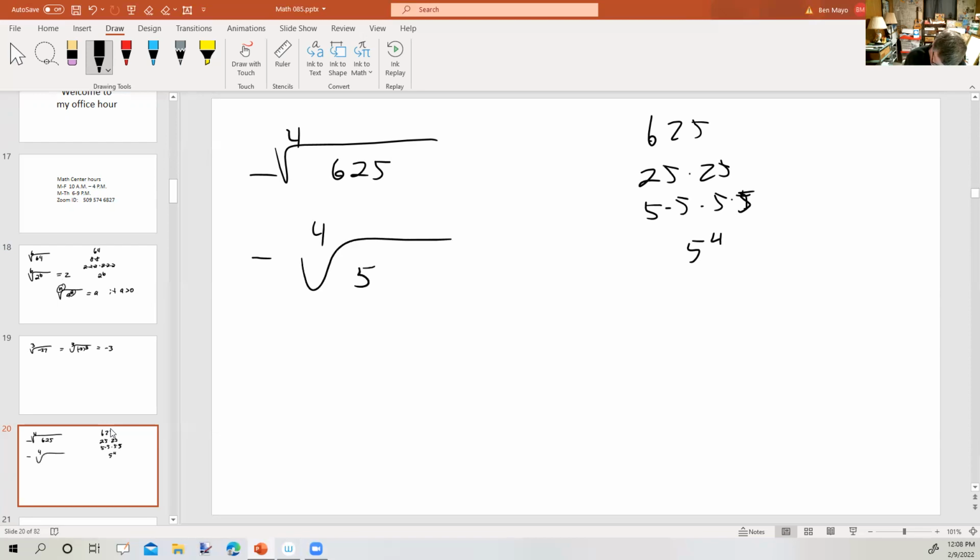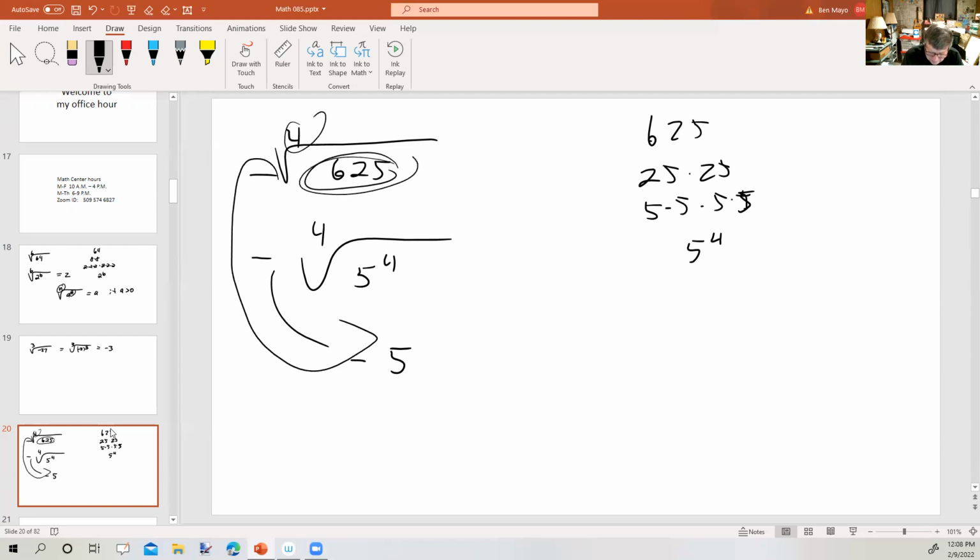Now, the fourth root of 5 to the 4th is 5, but then the negative sign outside hits it. We're getting a negative answer, but that's after we took the fourth root, okay? So again, taking an even root, the radicand can't be negative, but there can be a negative sign outside after the fact.